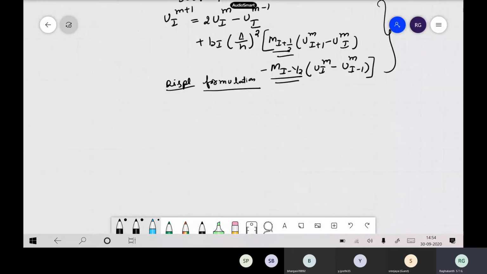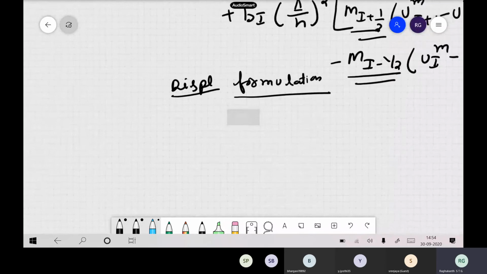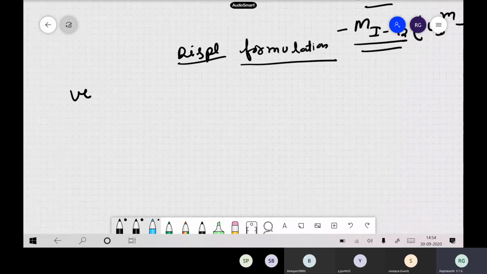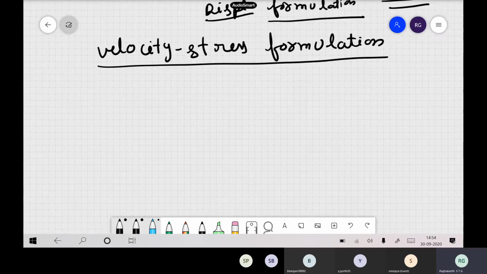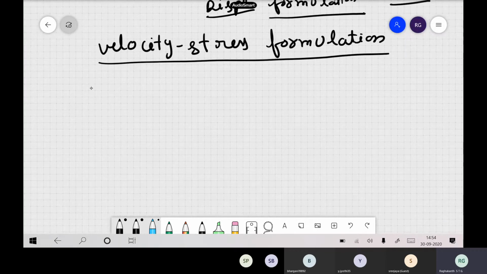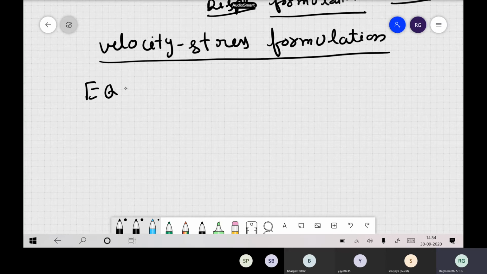And now let us see another scheme, which is the widely used velocity stress scheme. And now you will see the staggered grid changes. Okay, the velocity stress formulation. In velocity stress, the equations are same, but now instead of displacements we write in terms of velocity.